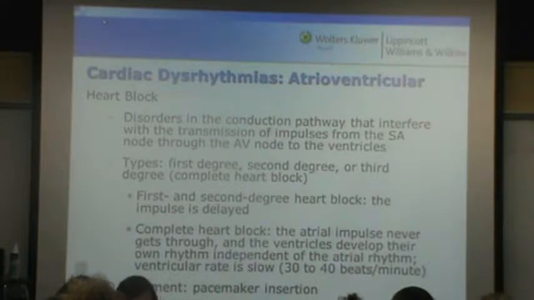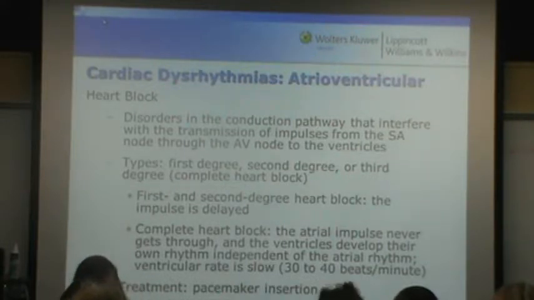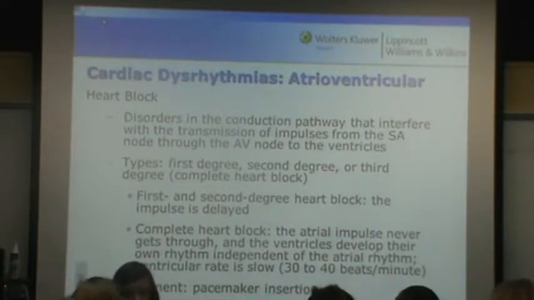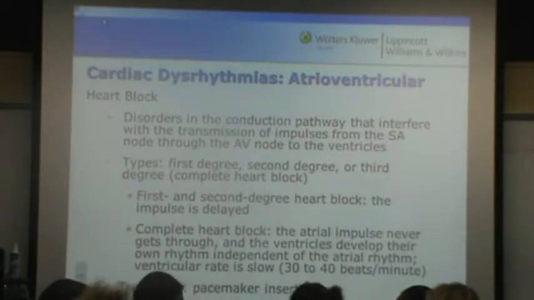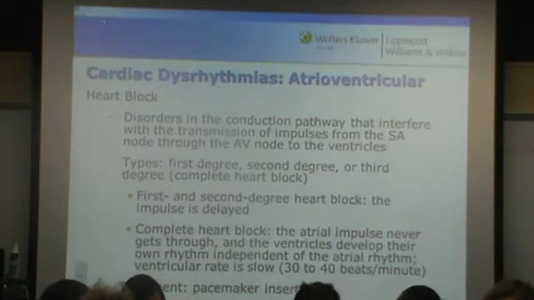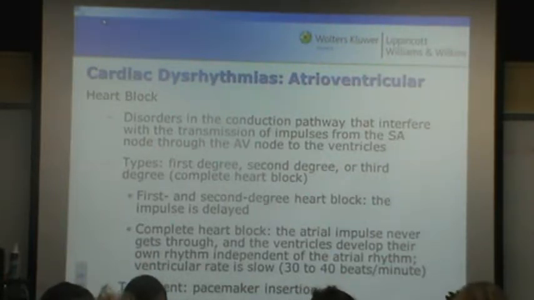All right. And this one actually kind of throws in. Your book doesn't refer to it, but this is what we would consider a PSVT, a paroxysmal supraventricular tachycardia, meaning we're watching it develop, we're watching it come and go.